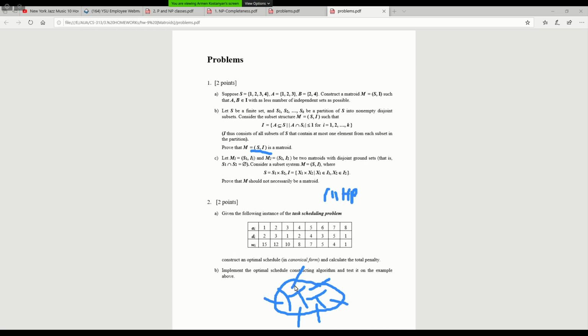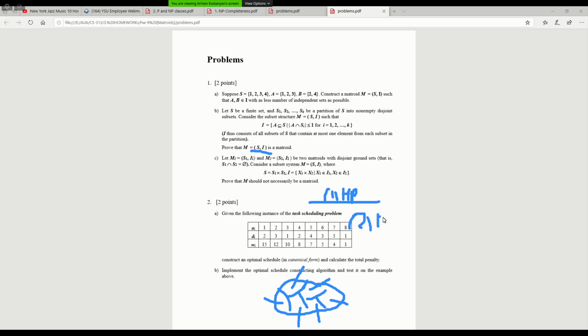We need to choose at most one element from each subset. So if we have some proper selection, any subset of this selection will again be a proper selection because we again choose at most one element in every subset. So it is obvious that the hereditary property holds. The second property is the exchange property.